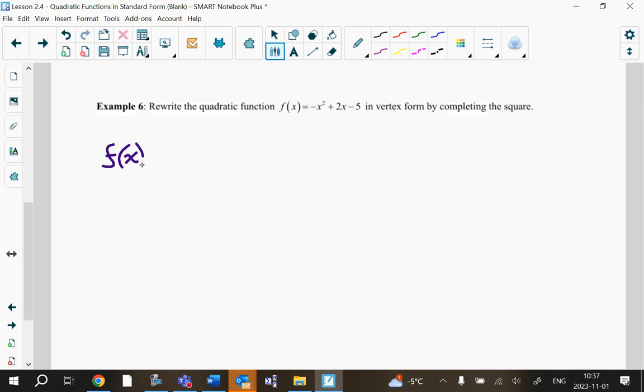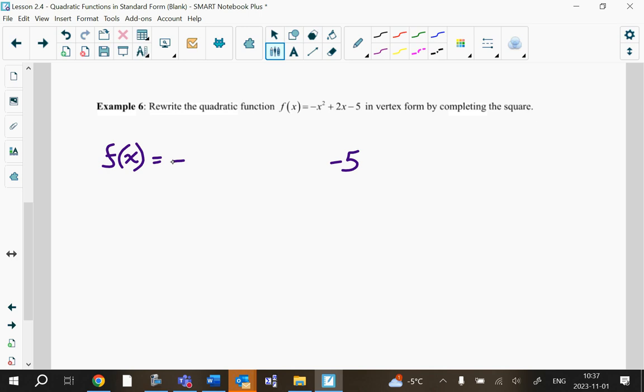So what we're going to do is factor out the negative. First of all, that number at the end just goes over to the right. Now I am going to factor out a negative, or divide each of these by -1.